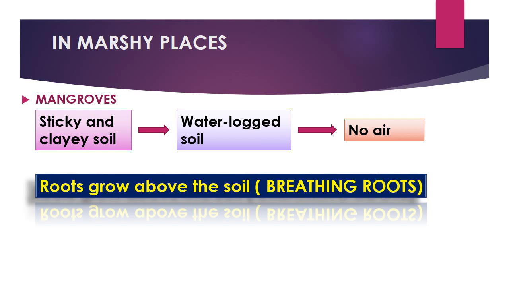As we know, plants require air, water, soil and warmth for proper growth and development. So to get the air, the roots will grow above the soil and these roots are called breathing roots. Examples are Rhizophora and Heritiera.